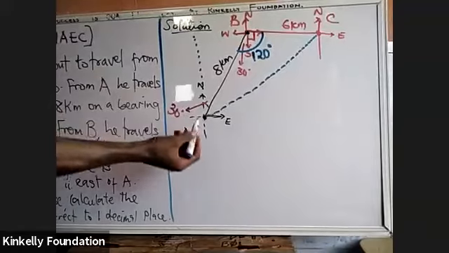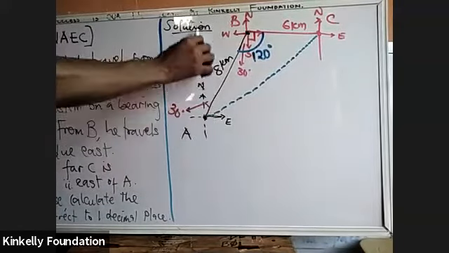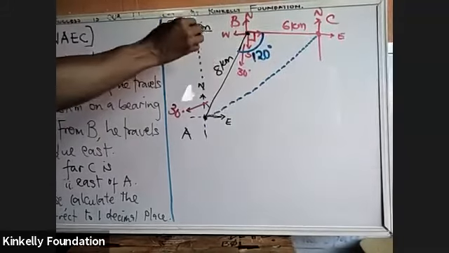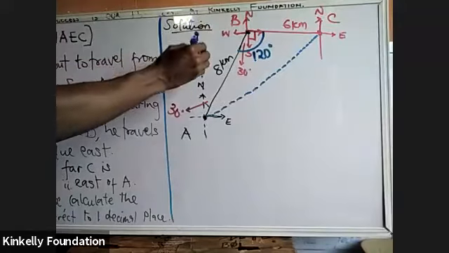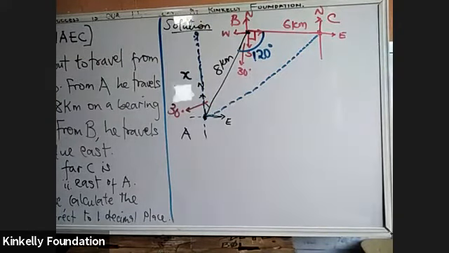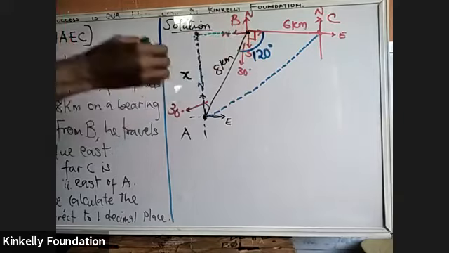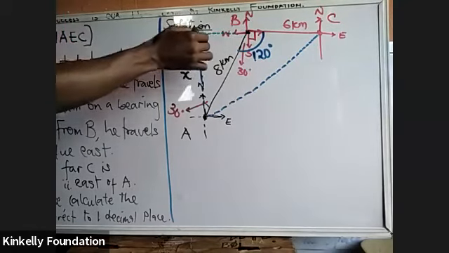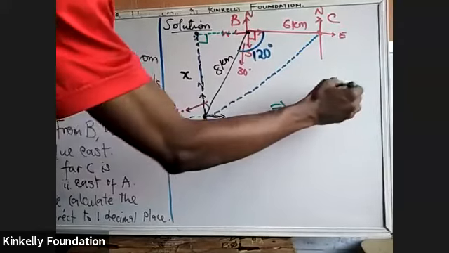How far is C north of A? When you go up from A, the northern part, this is supposed to be point C. So what is this distance? Let's call it x. Remember that this is a right angle. So what you are now looking for is the first one.